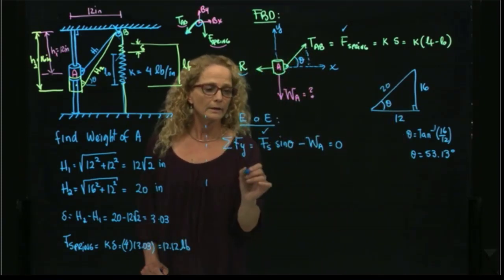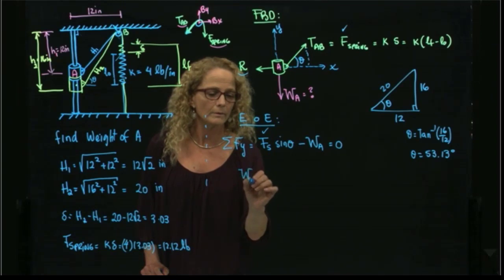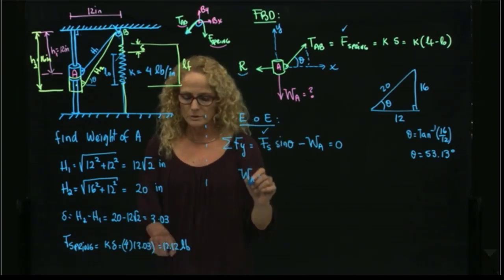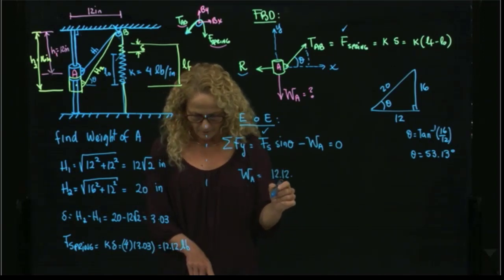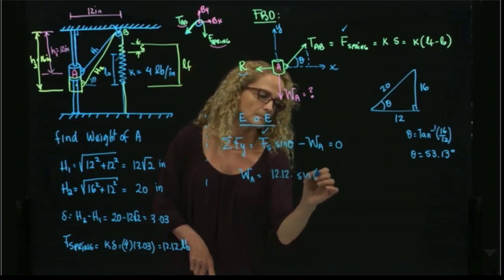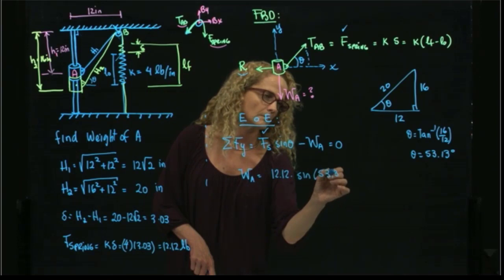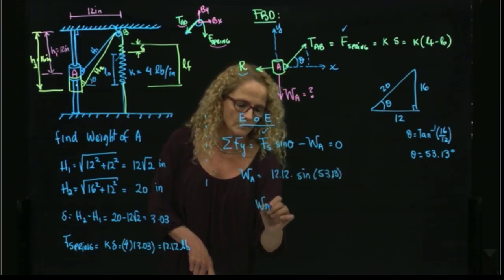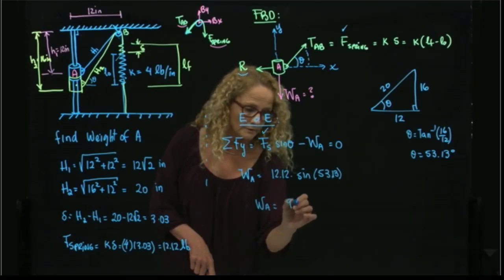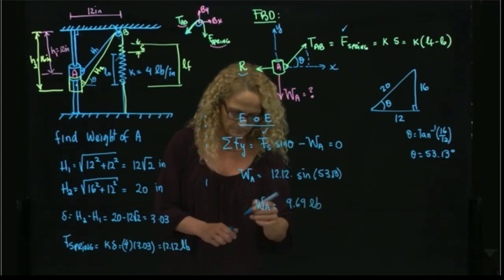Okay, finally, we got that the weight is equal to the force of the spring times the sine of that angle, and that gives me a weight of 9.69 pounds.